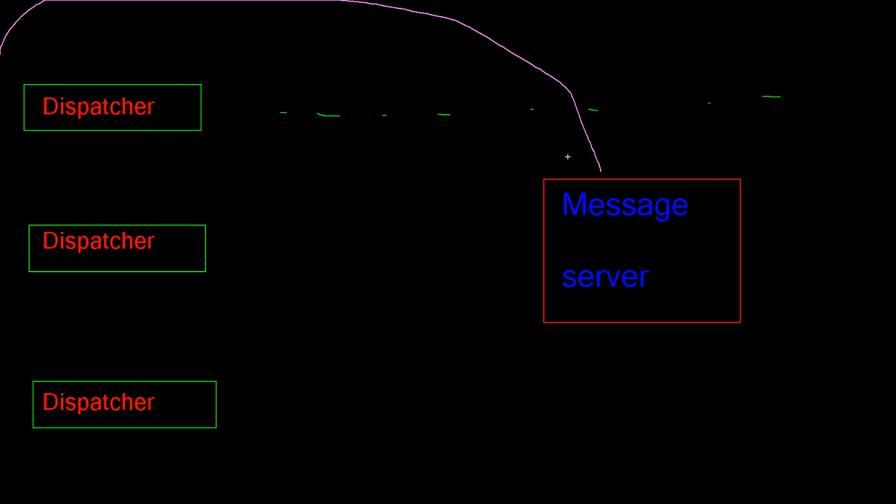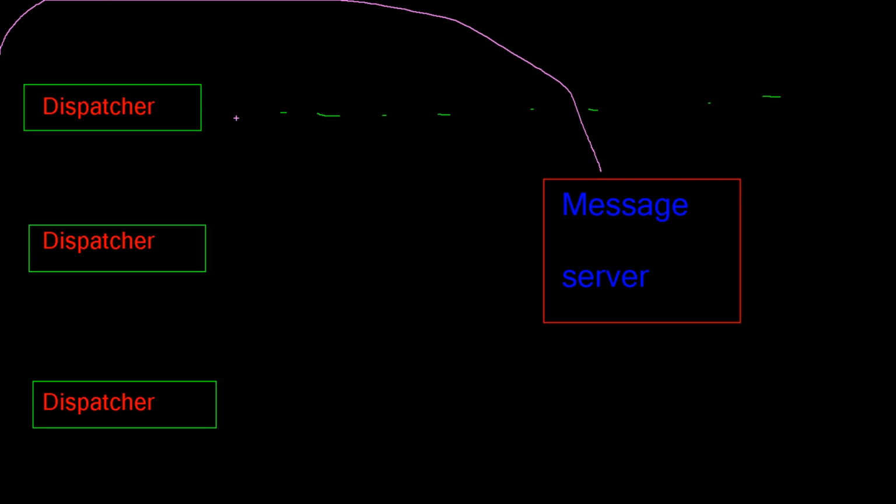If the server has only one instance, that is a central instance, the request comes directly to that instance only. But here, three instances are there. That's why the request goes directly to the message server.